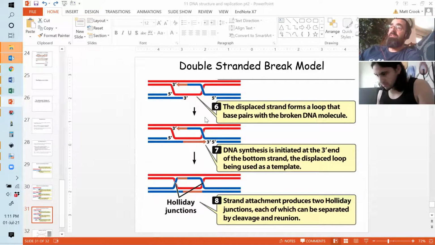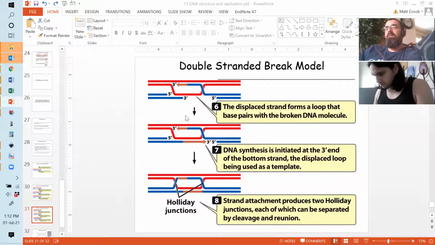And then we have the same set of conditions, essentially, right? We have a template strand, this D loop that's hanging down. We have a free 3' OH. Now DNA polymerase can assemble and continue that strand from that 3' end of the broken bit down here.